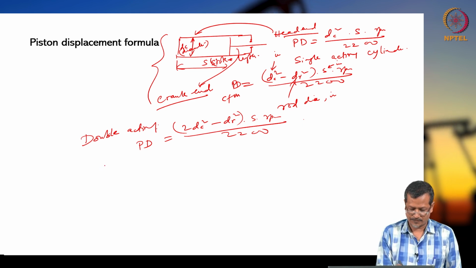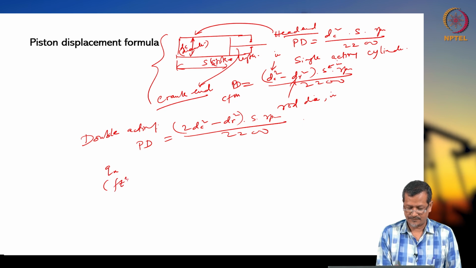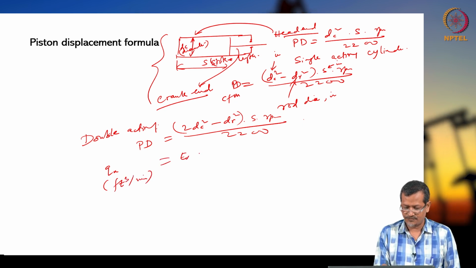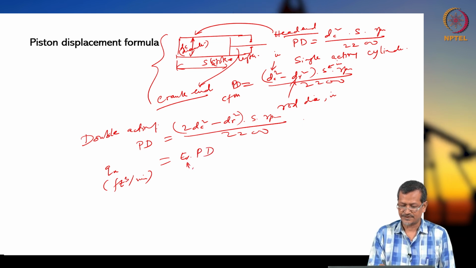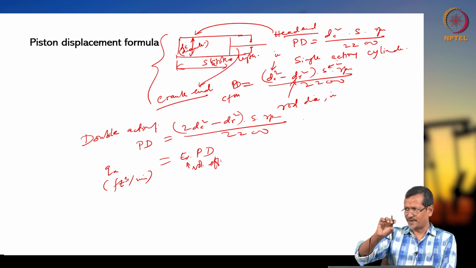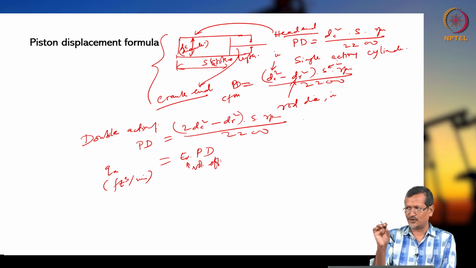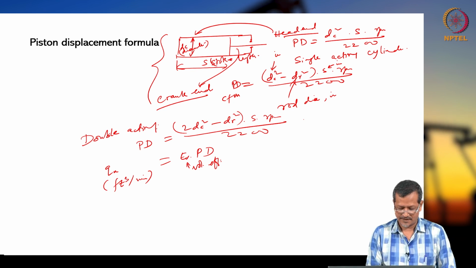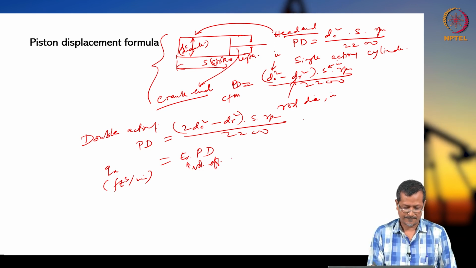One more formula is there: QA, in cubic feet per minute, equals EV times PD. EV is the volumetric efficiency. If there is clearance between piston and cylinder, some gap is there, so some volume will be lost. That is EV, volumetric efficiency.